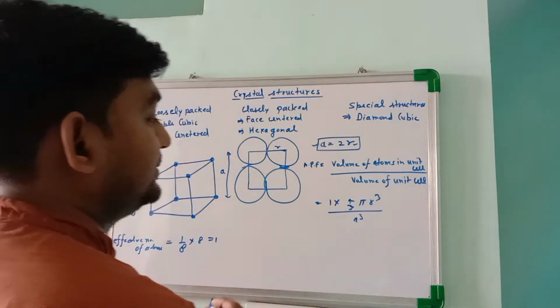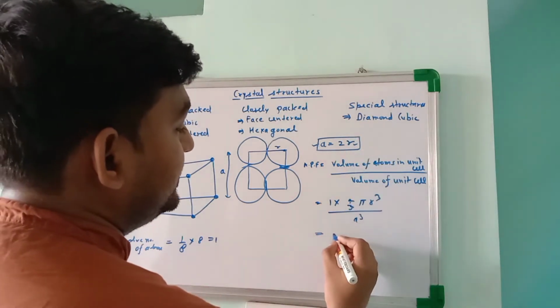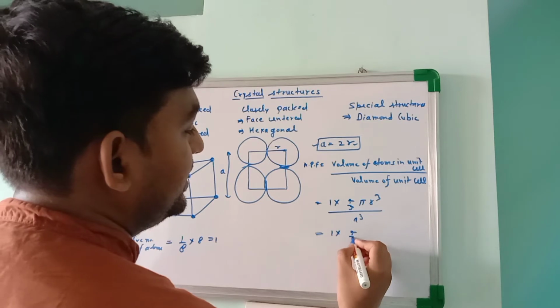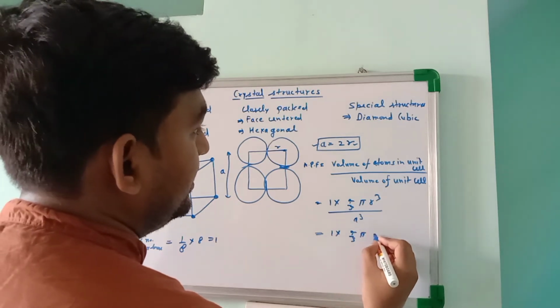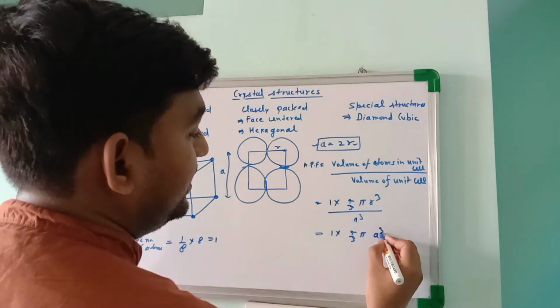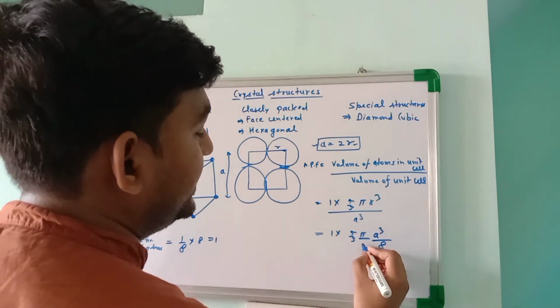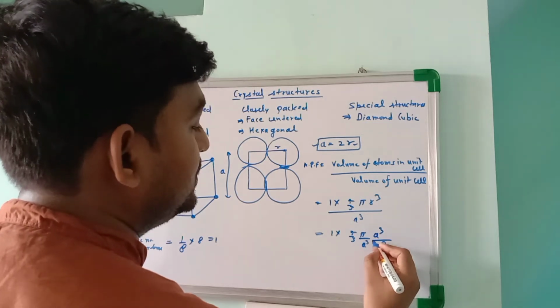Now we get r, that is a by 2, so 1 into 4 by 3 pi r, that is a by 2, that means a cube by 8 we can say, and we already have a cube.